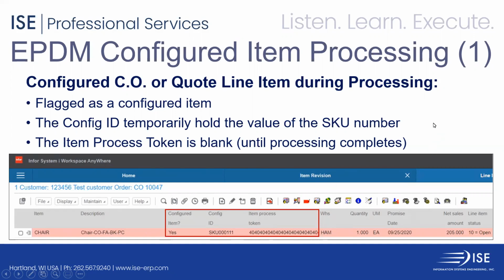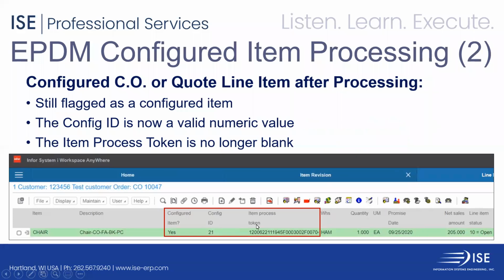Okay, but then hopefully not too long after that, you see this. And then the presentation scheme is now green, and you still have the configured line item, but it now has a valid config ID, which is a sequential numeric value. It doesn't have that SKU number anymore. And then your item process token will show values besides 40, 40, 40, etc. So you can see exactly what's in your item process token.